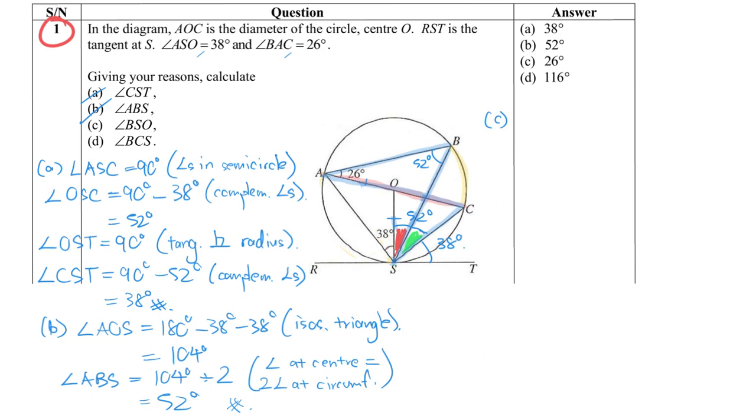So this fella here has to be 26 as well, meaning angle BSC is 26 because of angles in the same segment. Therefore, angle BSO is 52 minus 26, which is 26 degrees. No particular reason for that, so we can just leave it as that.